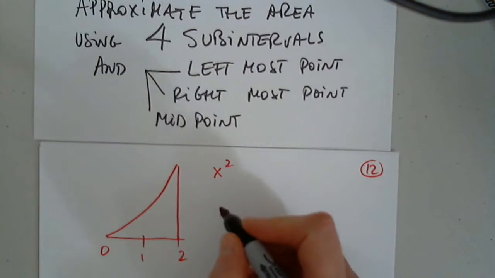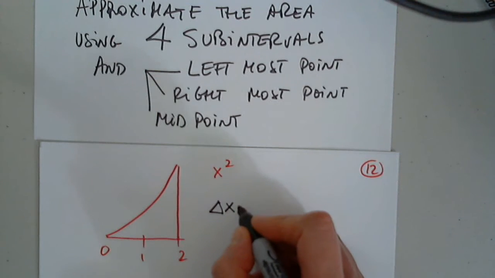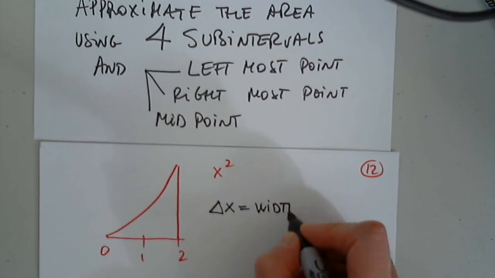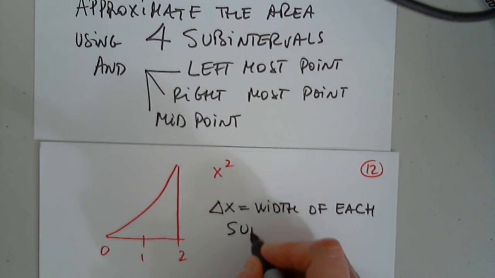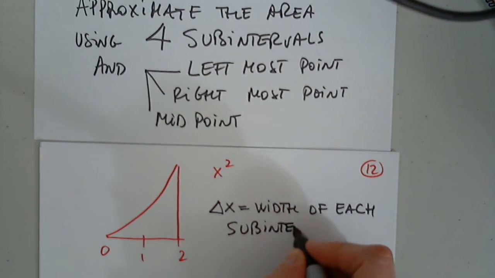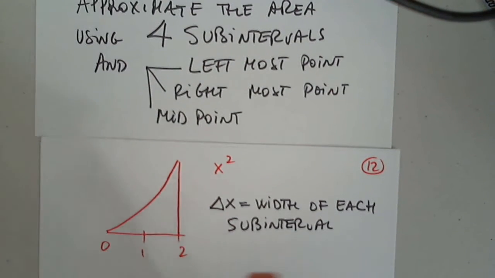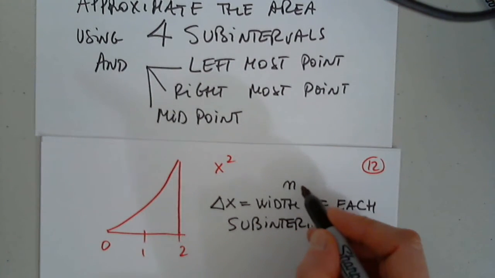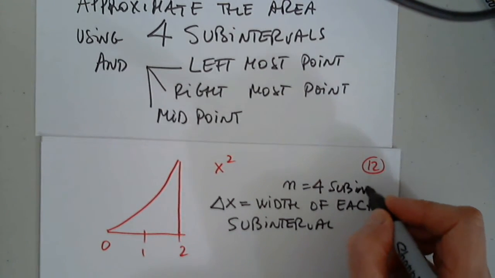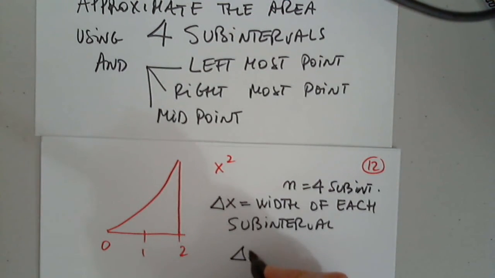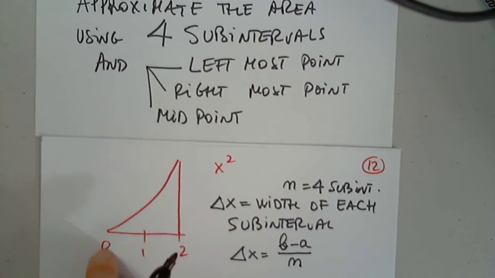Delta x is the width of each subinterval. So how much is delta x with n equals 4 subintervals? Well, delta x is b minus a divided by n, where the interval is a comma b.